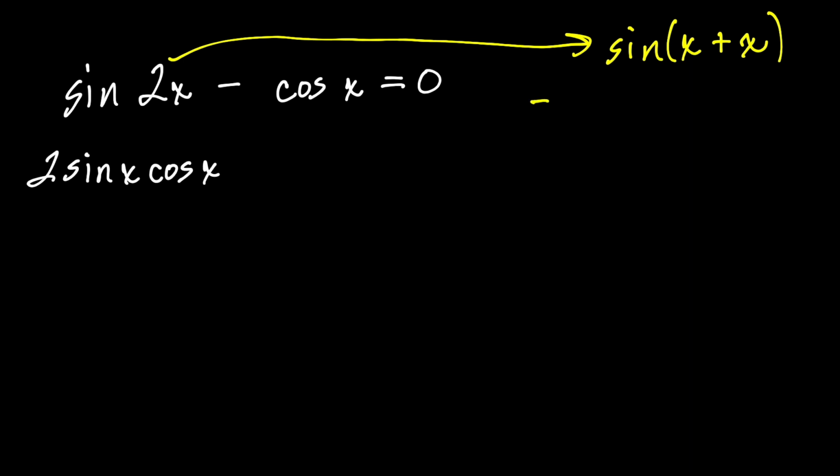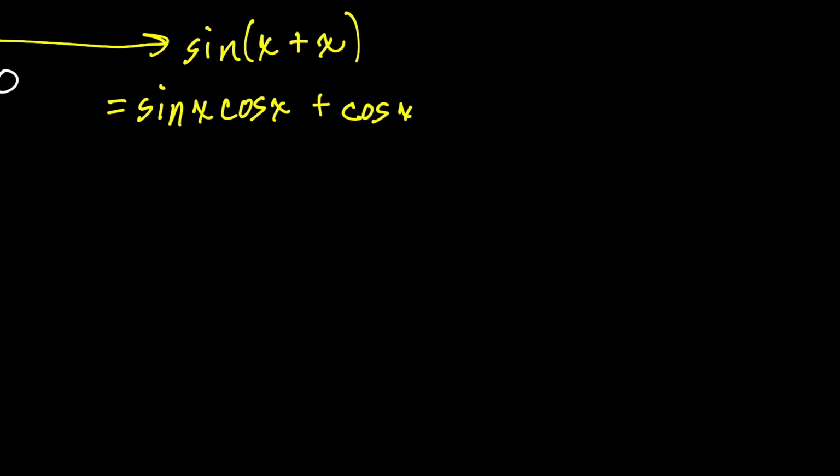So we use our double angle, which would be the sine of the first angle times the cosine of the second angle, plus the cosine of the first angle times the sine of the second angle. So what you have here is sine x cosine x and sine x cosine x.